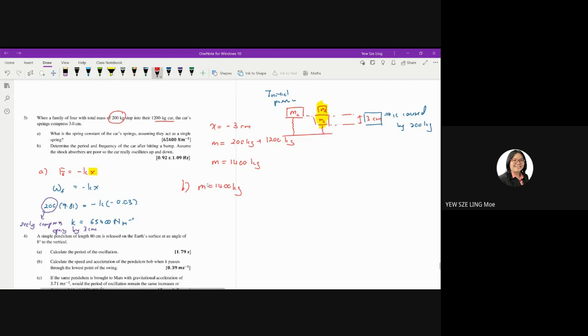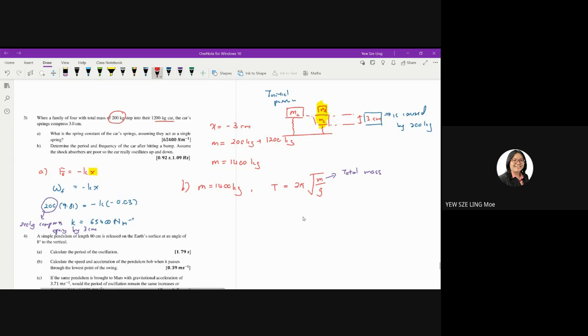To calculate the period for a spring, T equals 2 pi square root m over k. This m is the total mass, because now this whole thing oscillates as one object.